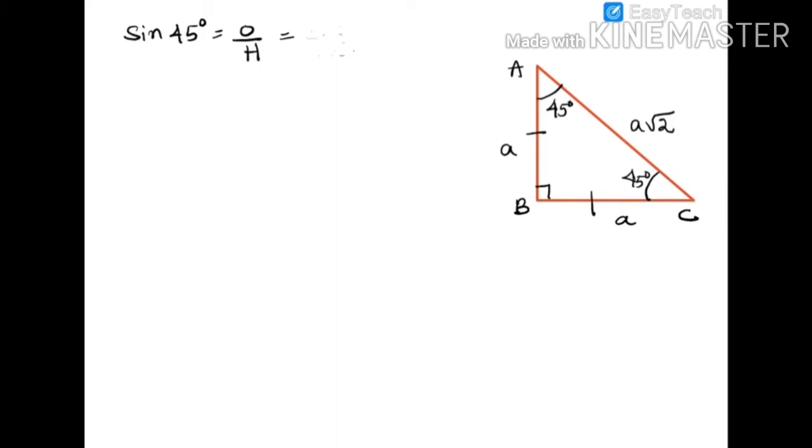So the opposite side will be AB upon hypotenuse AC. On substituting, we get A upon A root 2, which is equal to 1 upon root 2. Cos 45 degrees will be adjacent upon hypotenuse.